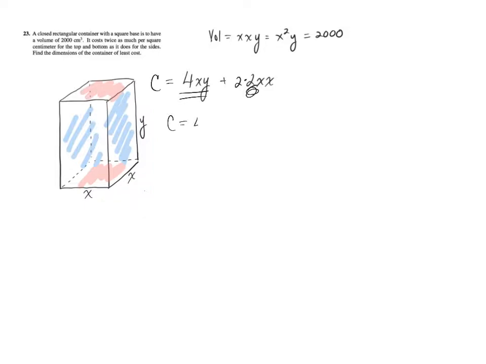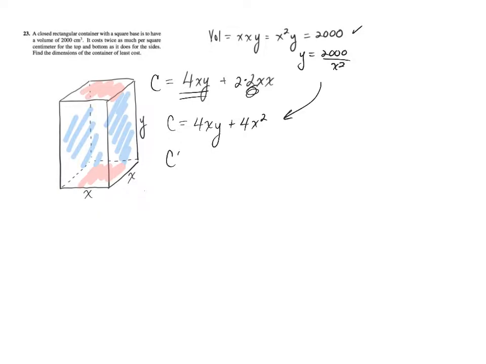We have the cost is 4xy plus 4x squared. And that's what we want to minimize, but we can use our constraint function up here to say that y equals 2,000 over x squared, and then substitute that in here. We've seen this in a couple of other problems, and then we'll be ready to take the derivative.